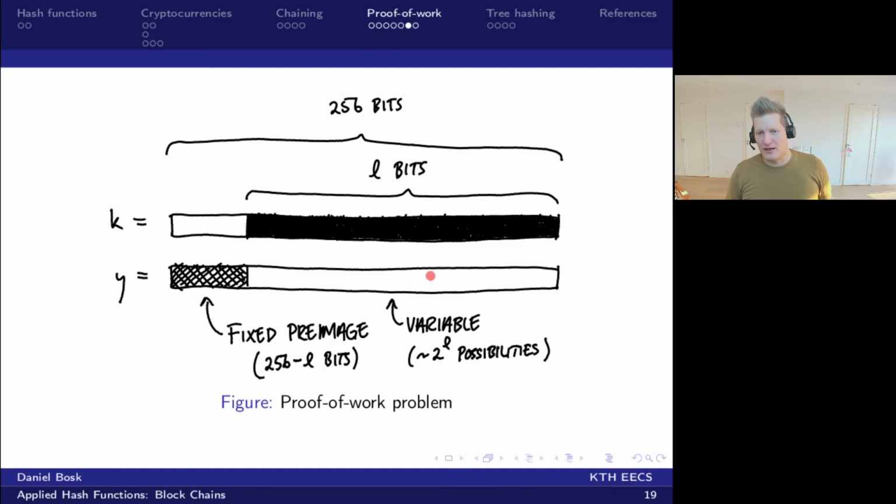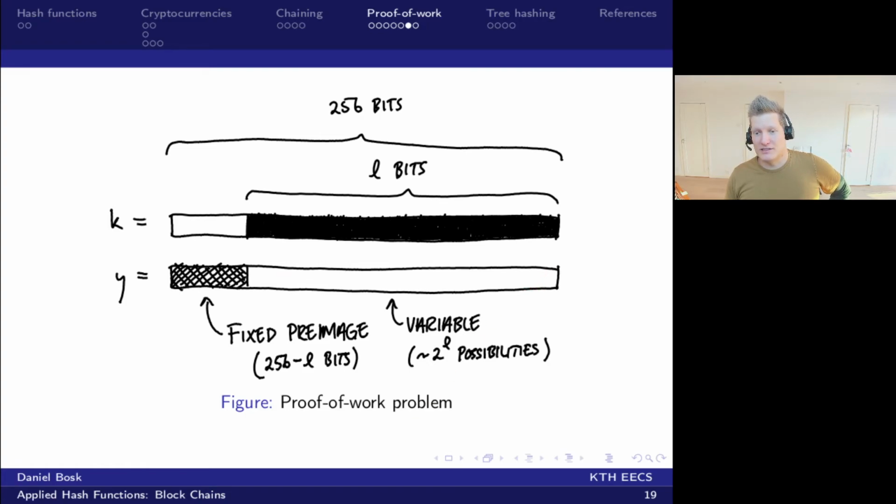And then if the image, so the hash value y, has to be less than k, that means that this part is actually fixed to zeros. So then we have a fixed pre-image, which means we don't have such a difficult problem after all. It's not like finding a pre-image, but rather somewhat like that, because we are still allowed to vary here.